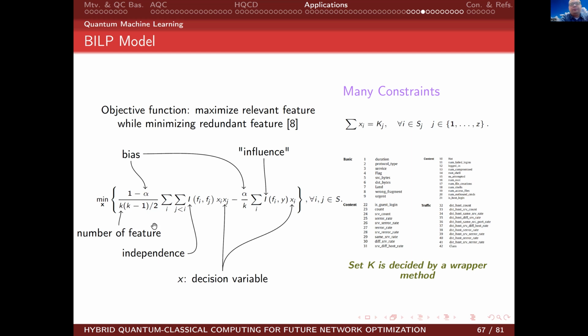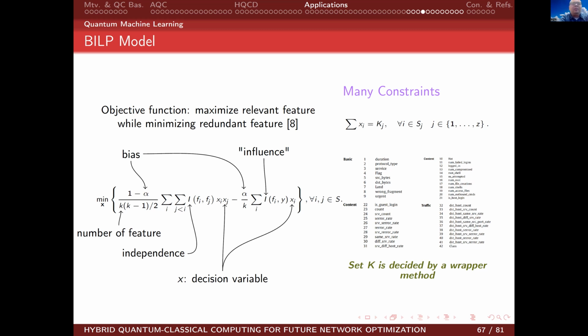In this objective function, we have a coefficient alpha. This alpha balances the two parts. One part is that we want to keep as many features that have a big influence on the system as possible.